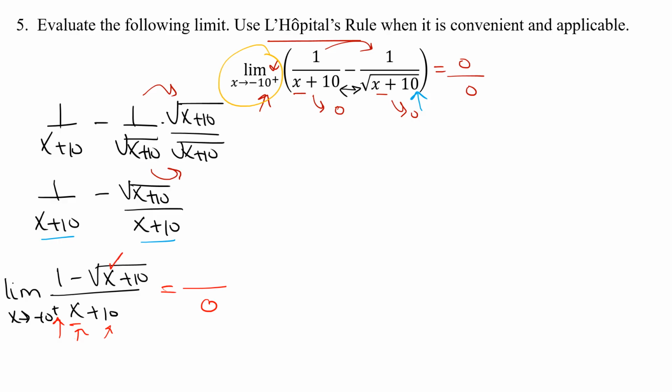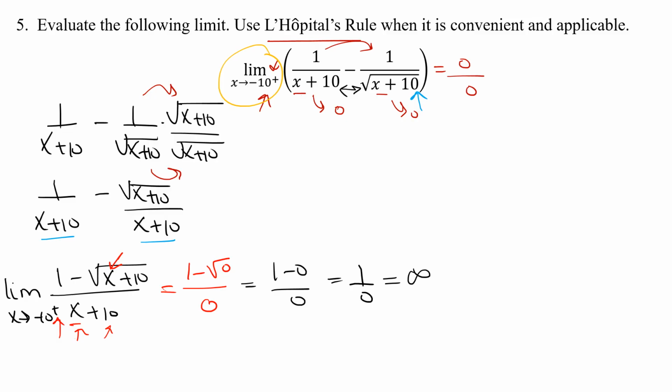The same idea is going to happen here: as x gets closer and closer to negative 10, under that radical, we end up getting 0. If we were to put this together, we know the square root of 0 is 0. So 1 minus 0 over 0 is 1 over 0. But what do we know that means? That means we can say this is the same thing as infinity.